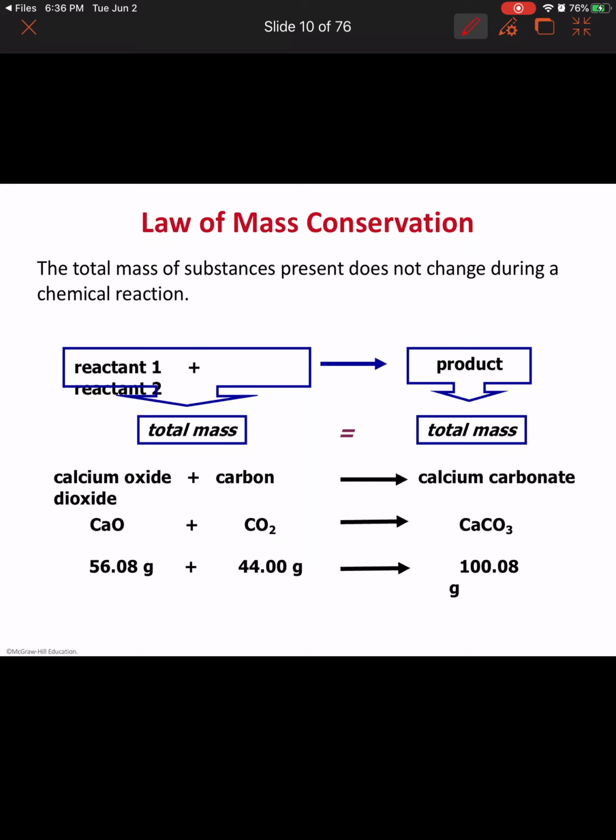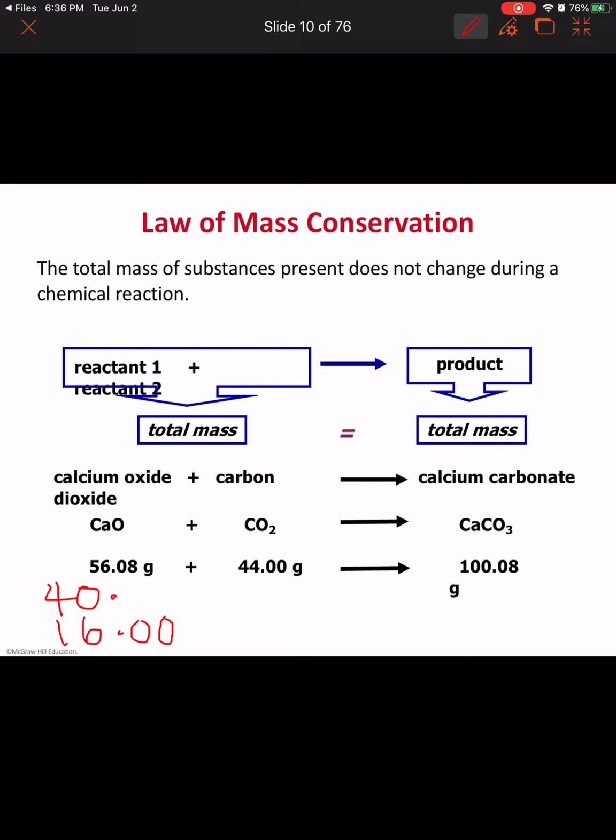If you look at your periodic table, the mass of calcium is 40. Okay, 40 grams. And then if you look at oxygen, the molar mass of oxygen is 15.99, I'm going to round it up to 16. So 40 plus 16 is 56.